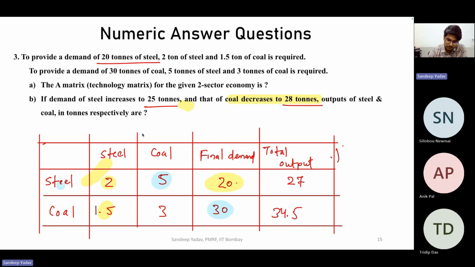This is the relation between steel to coal. And for the coal to coal relation, that is A22, that would be equal to 3 tons. That's how these things are calculated, written in the form of a table: A11, A12, A21, and A22.